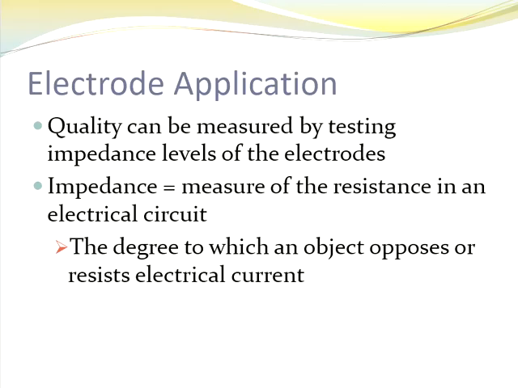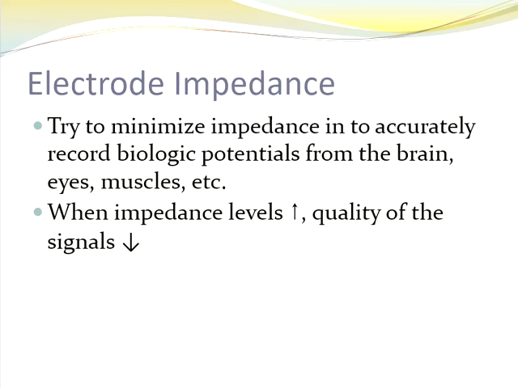So by scrubbing well and eliminating whatever we can, the electrical signal is able to travel much more easily and clearer from the patient to our recording system. That's why we measure our impedance levels.